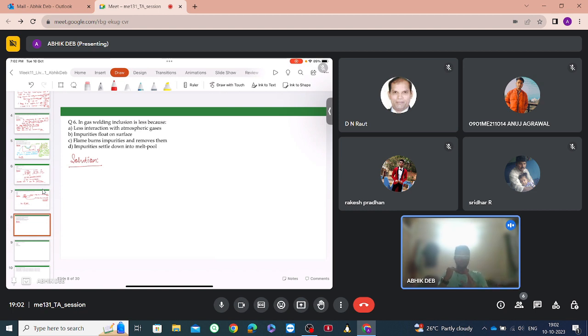So the heat affected zone increases, and also because the substrate is getting heated over a larger section, the cooling rate in this case will also be lower. It is solidifying slowly, so the impurities will get the time to start floating on the surface. If it is very fast, then the impurities do not get time to start floating on the surface.